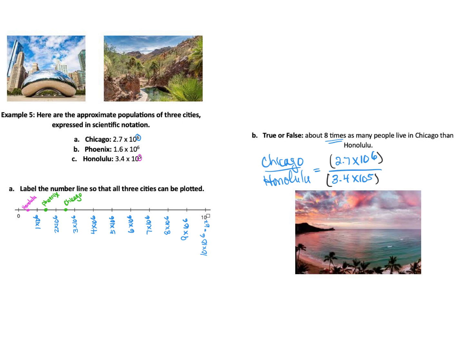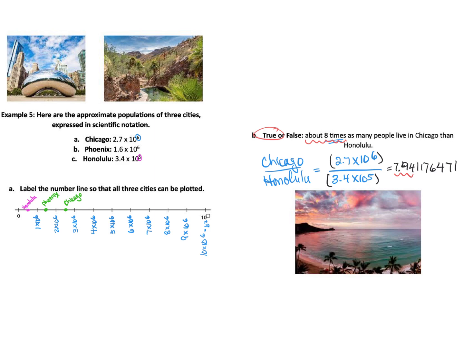Divide 3.4 times 10, caret 5, parentheses. And then this equals 7.941176471. And it's asking if it's about 8. Is 7.9 about 8? Yes. So this answer is true.